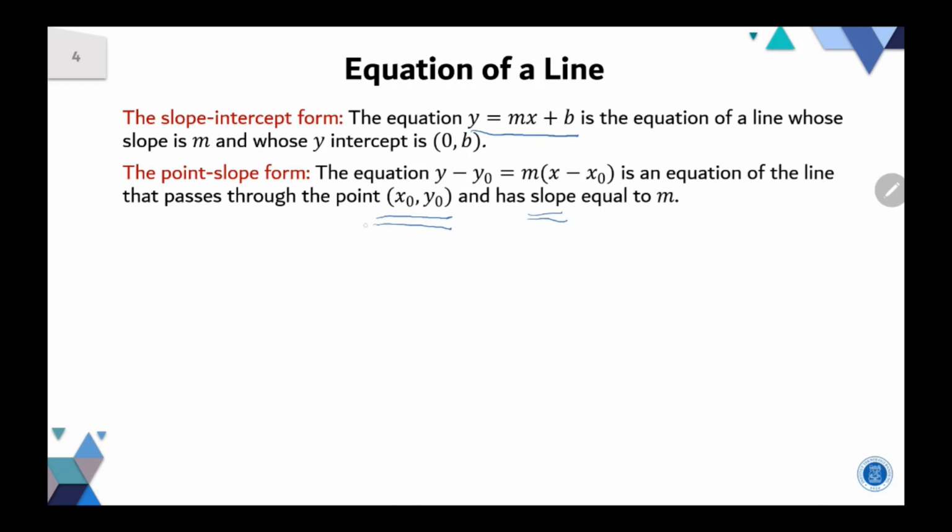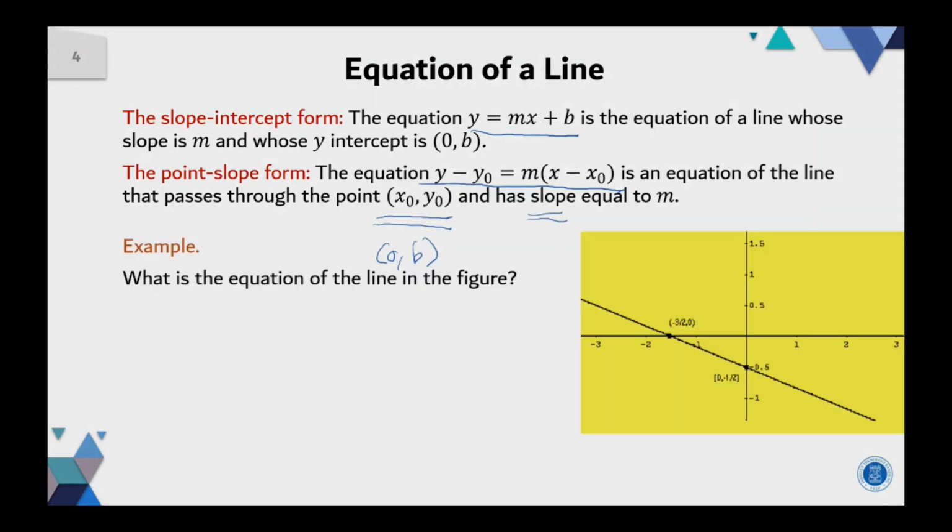If we take the point here as (0, b) and substitute it into this equation, you will get the first equation. So if you're not good at memorizing, probably just memorize one equation, which is the point slope form.